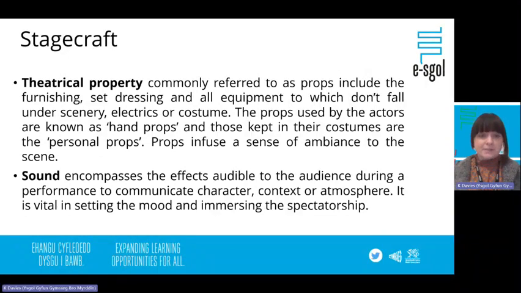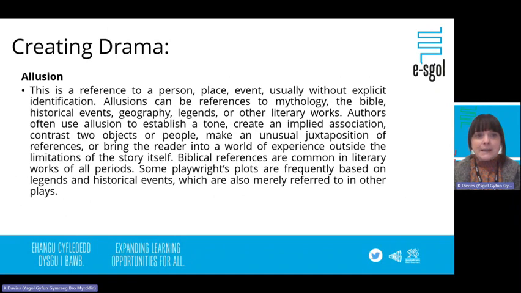You've got theatrical properties, so the props that the characters or actors may carry, and also things like sound, which encompasses the effects audible to the audience during a performance, and it definitely allows for the creation of mood and atmosphere.